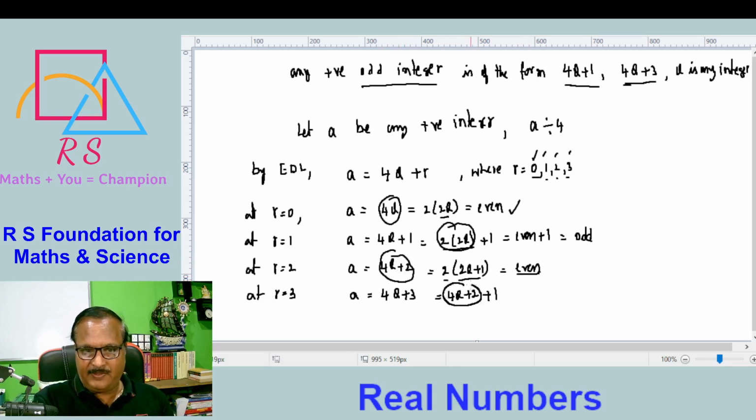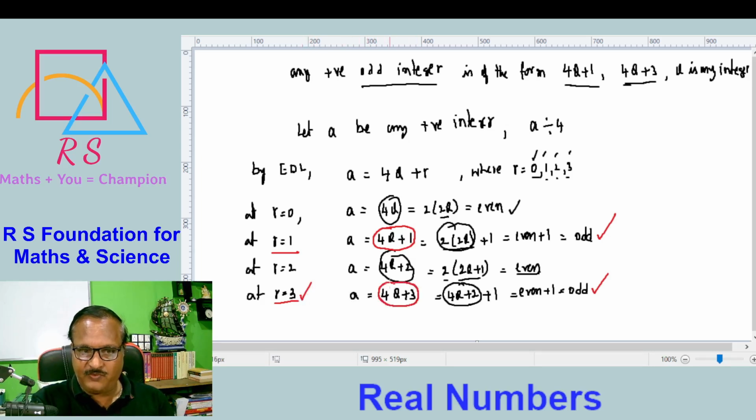So even plus 1 is equal to odd. That means a is odd only in two cases, at r is equal to 1 and at r is equal to 3. So at r is equal to 1, the form of a is 4q plus 1. At r is equal to 3, what is the form of a?